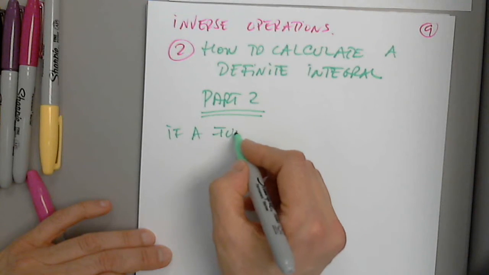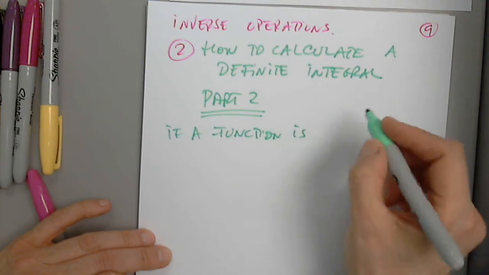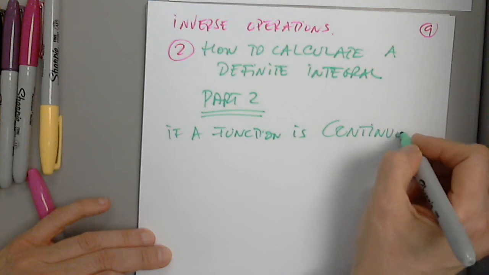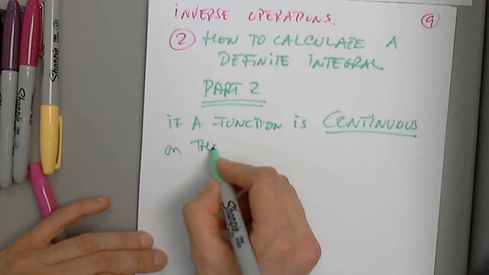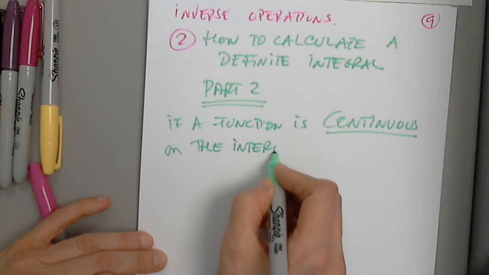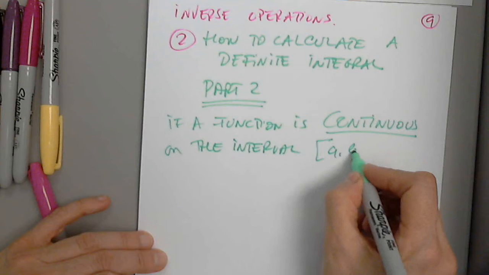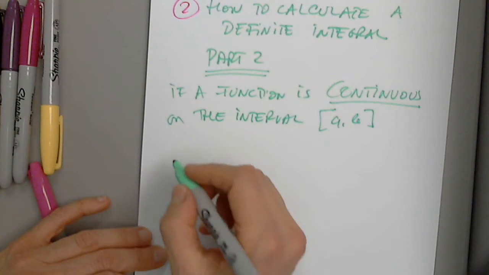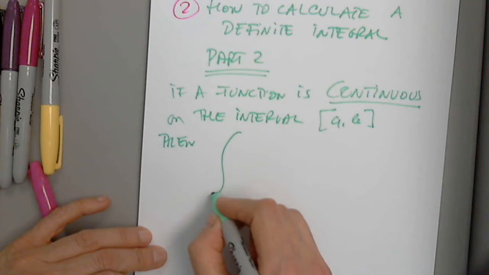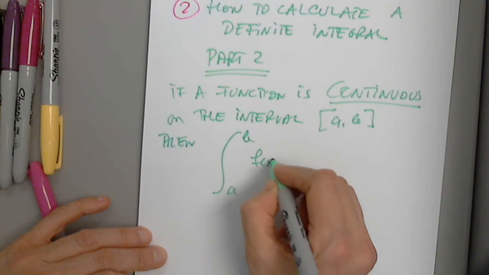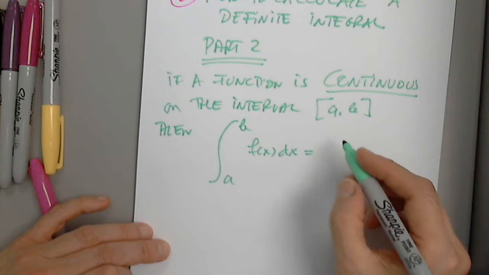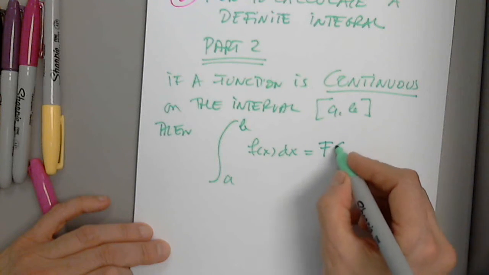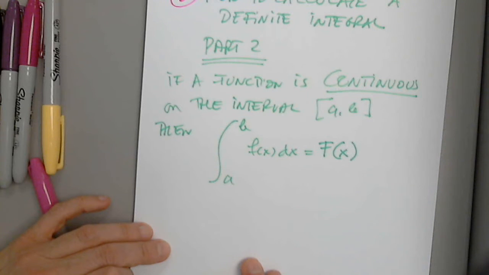If a function is continuous on the interval a comma b, then the integral from a to b of f of x dx will be calculated by determining, anyone remembers what this is called?